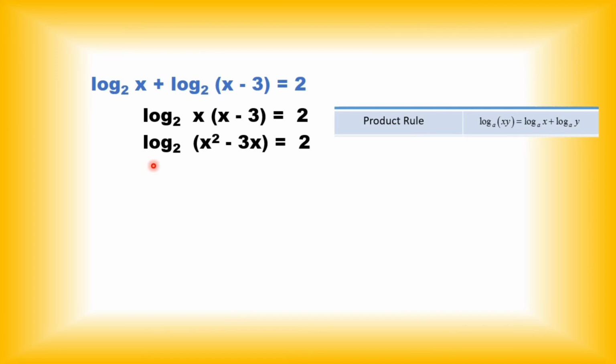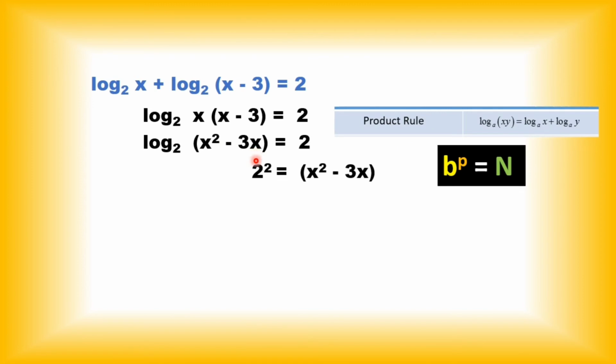So, we can now change it into exponential form. 2 raised to the power of 2 is equal to the quantity x squared minus 3x. So, we have here the equation. 2 squared is 4, then equals x squared minus 3x.